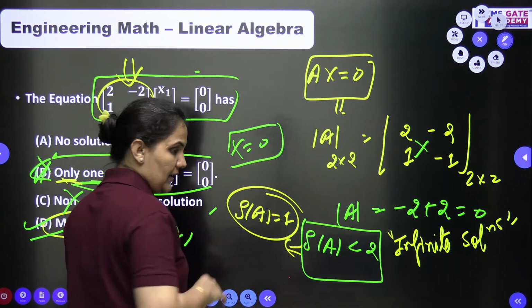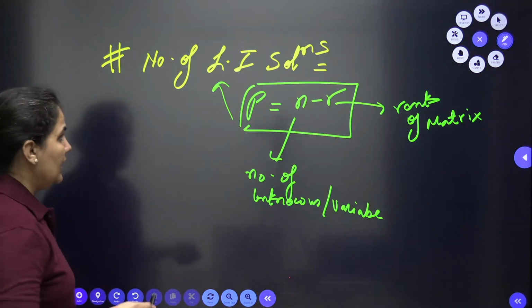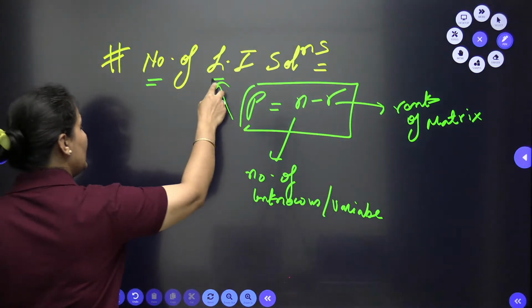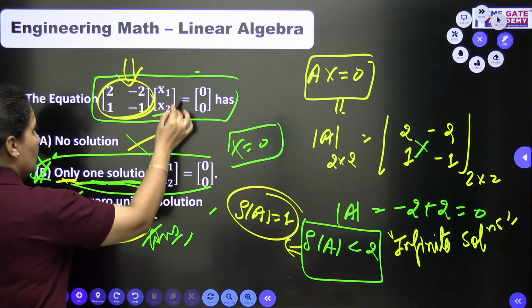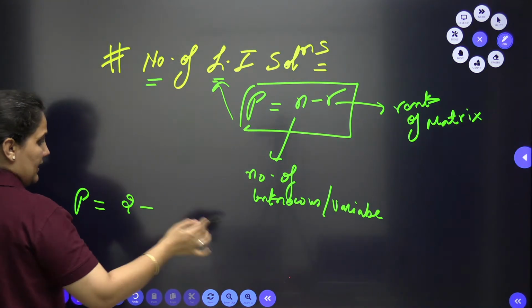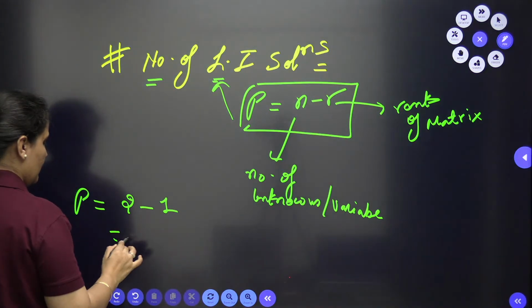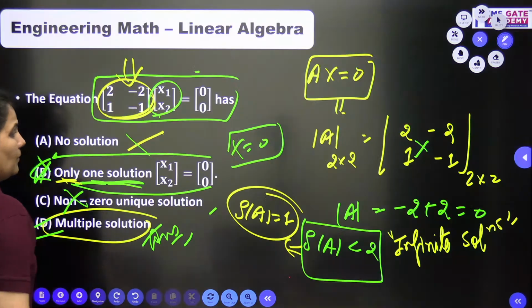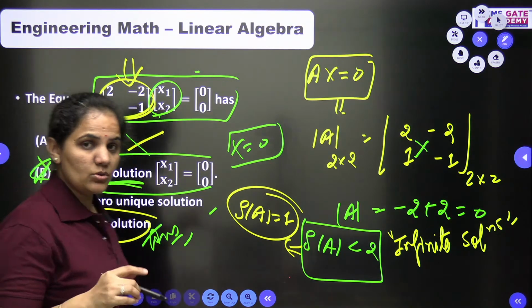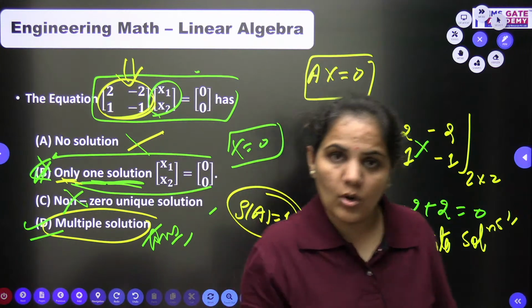If I need to find the number of linearly independent solutions, I will use this formula. P equals n, the number of unknowns, is 2. Rank is 1. So 2 minus 1 is 1. So here I will say, other than x equals 0, we are having one more solution.